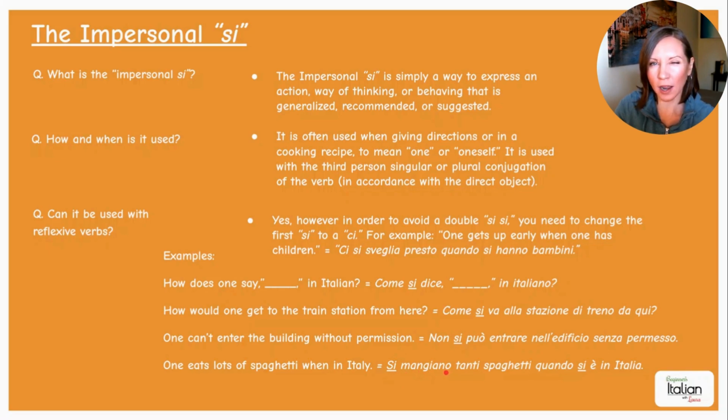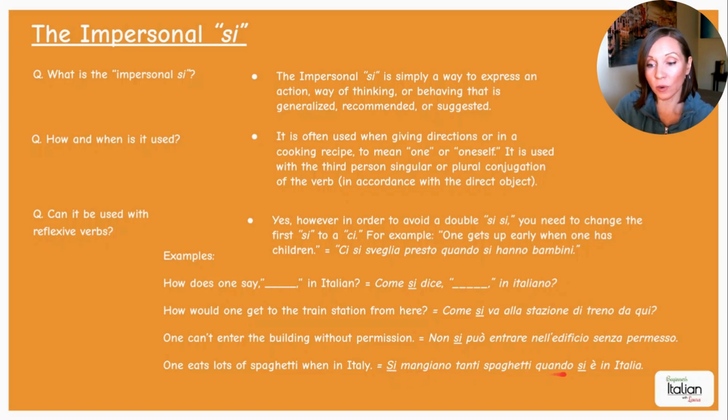You're wondering, why are you using the plural form? Well, if you look back up here, it says in accordance with the direct object. In this case, the direct object is spaghetti, tanti spaghetti, which is plural. So you have to use a plural verb here. So si mangiano tanti spaghetti.